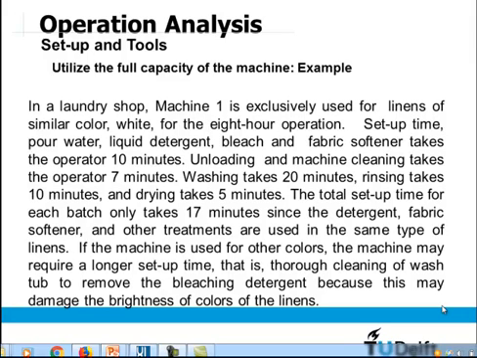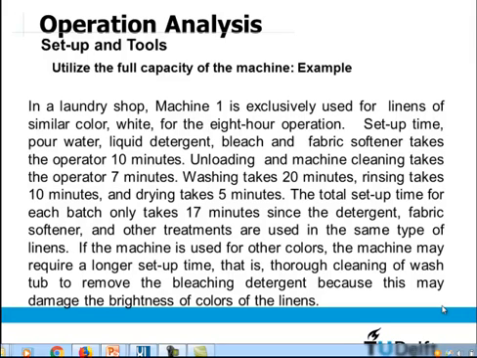Before the second trial, the operator should clean the machines, and this takes 7 minutes from the operators. After that, washing takes 20 minutes, rinsing takes 10 minutes, and drying takes 5 minutes.